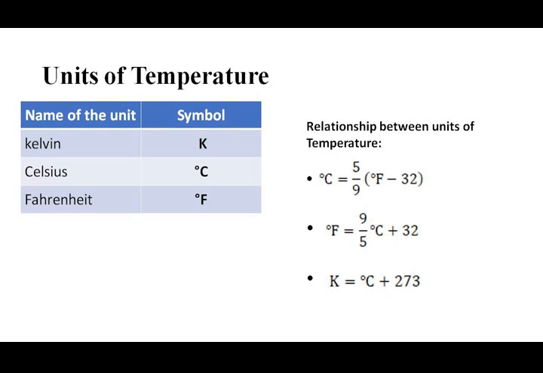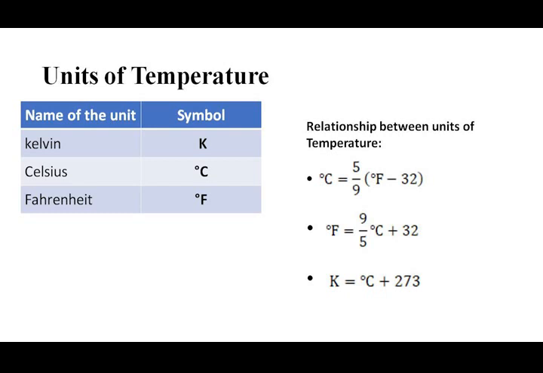Okay, so now let's move on to units of temperature. There are three major units of temperature that we extensively use: Kelvin, symbol capital K, it's the SI unit; Celsius, symbol degree capital C; Fahrenheit, symbol degree F. And for all of these, the symbols are in capital letters because they are derived from a person's name.